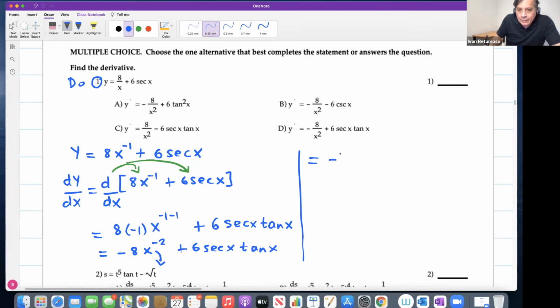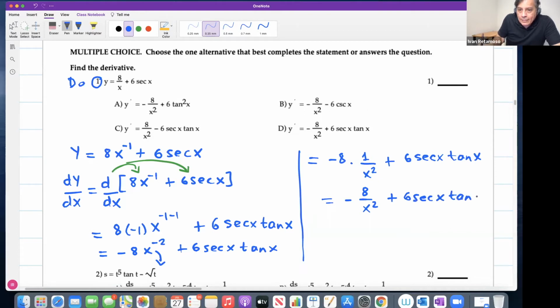So you will have negative 8 times 1 over x squared plus 6 multiplying secant of x multiplying tangent of x. Now, negative 8 times 1 is just negative 8. That negative, mathematicians place in the middle. So this is negative 8 over x squared plus 6 secant of x tangent of x.